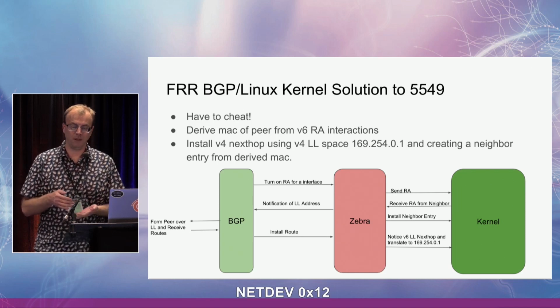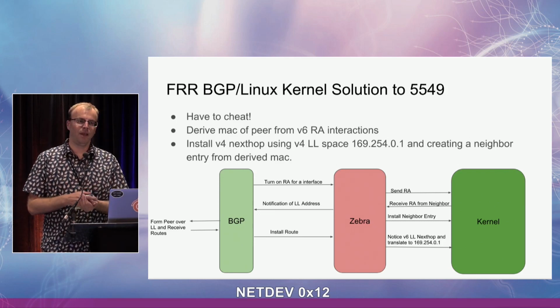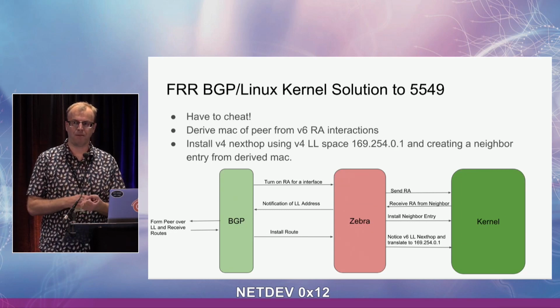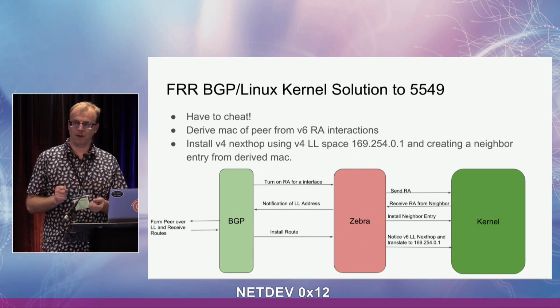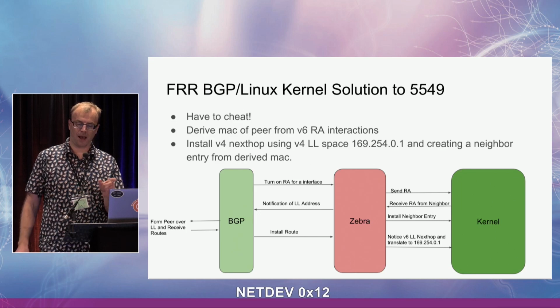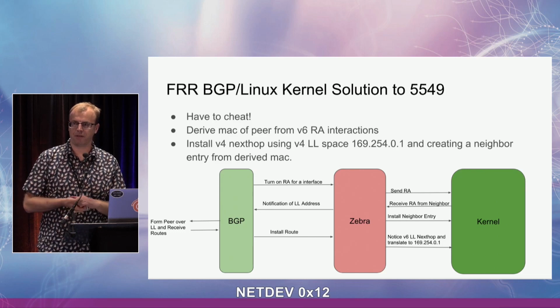So what we do is we create router advertisements, and from the peer, it'll give us its link local address, and from that we can derive the MAC address, and using that we can insert into the neighbor table an IP address of 169.254.0.1, the interface and the MAC address, and I can use that as a next hop.